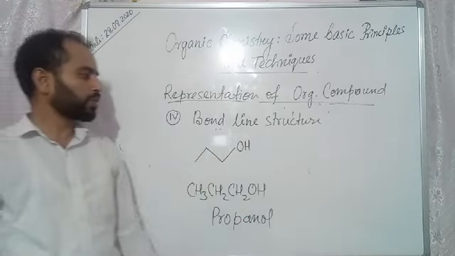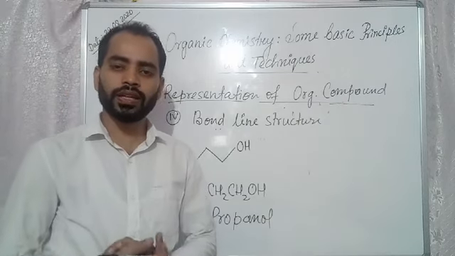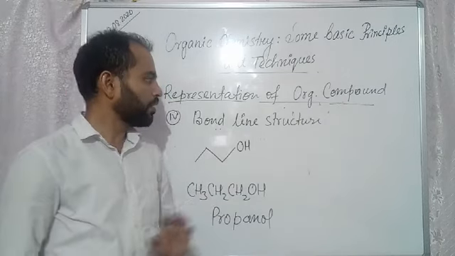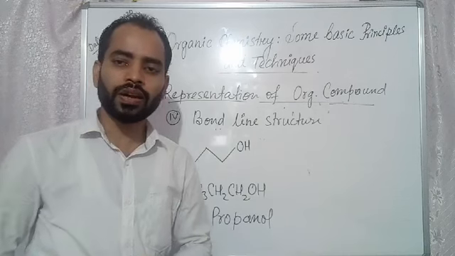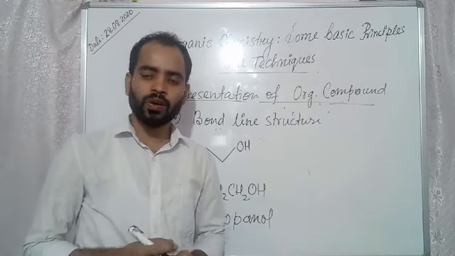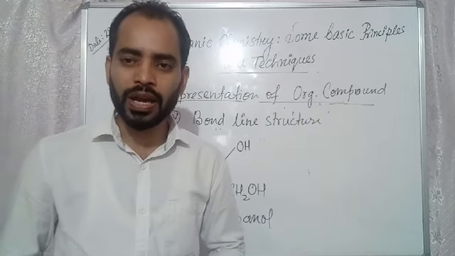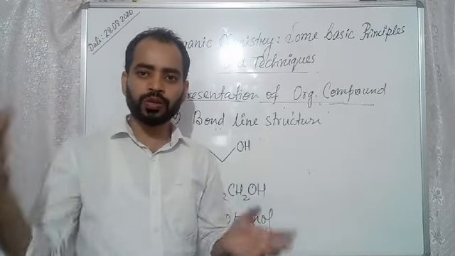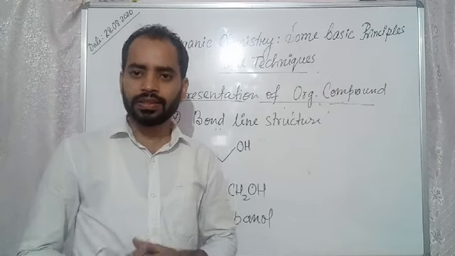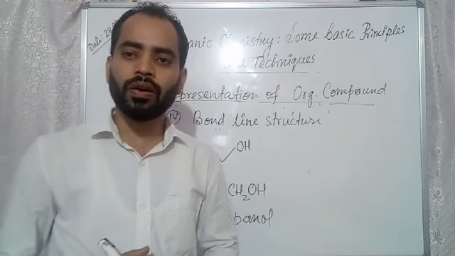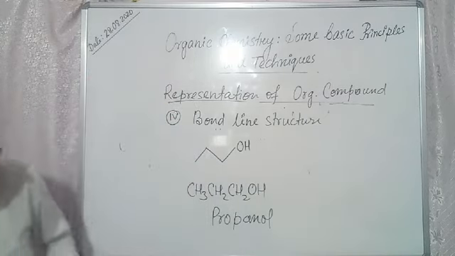So in this way also we can represent an organic compound. So these are called the representation of organic compound. Hope the 4 different types of representation is clear to everyone. Next we will go to another topic, that is classification of the organic compounds.